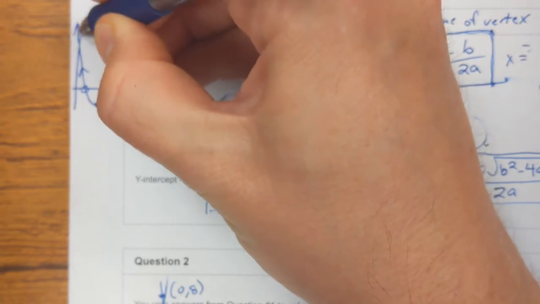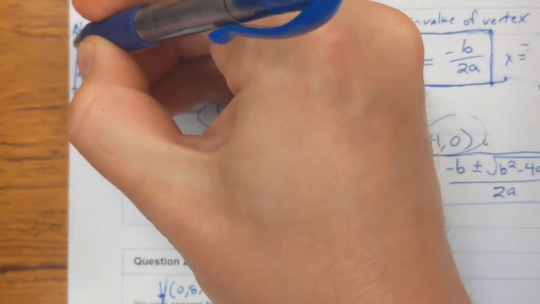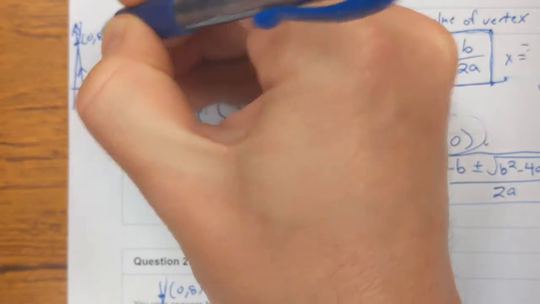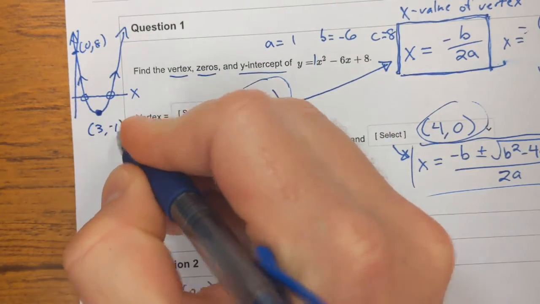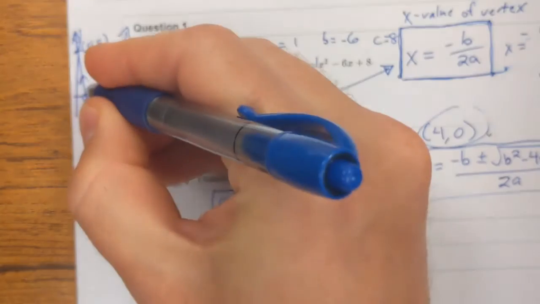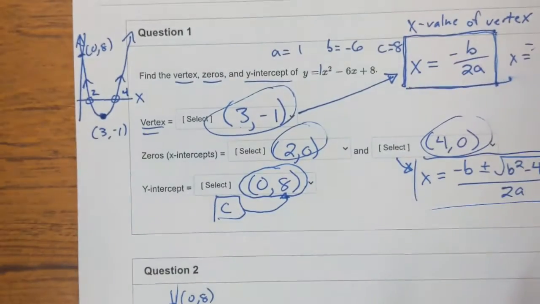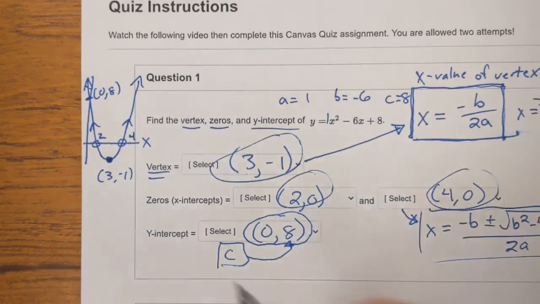This graph would keep going up and up and up until it hit the point 0, 8. All right, so my graph had the vertex 3, -1. My zeros were at 2 and 4, 2, 0 and 4, 0. And then my y-intercept up here at 0, 8.